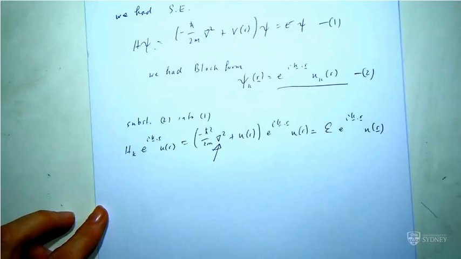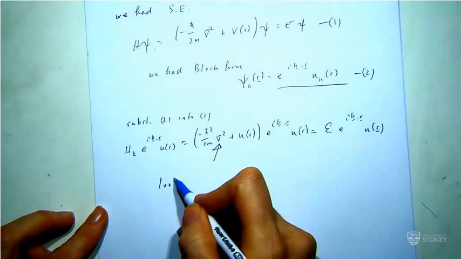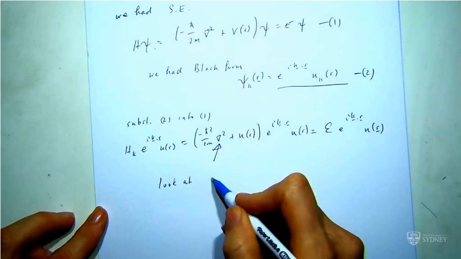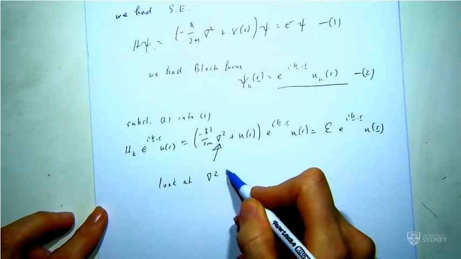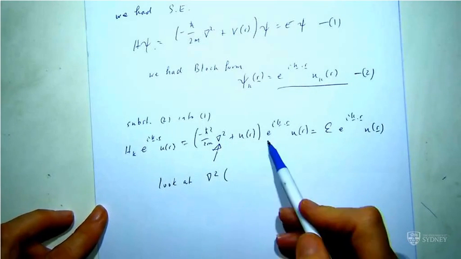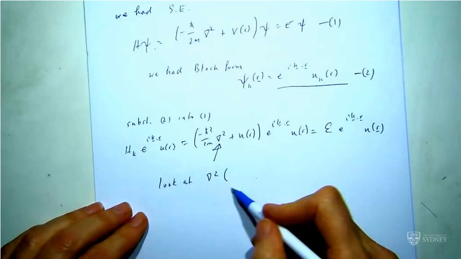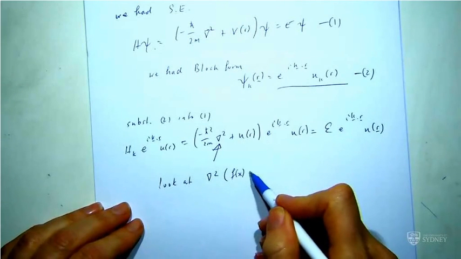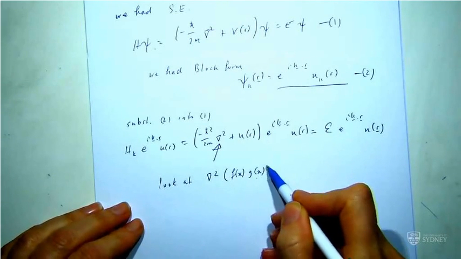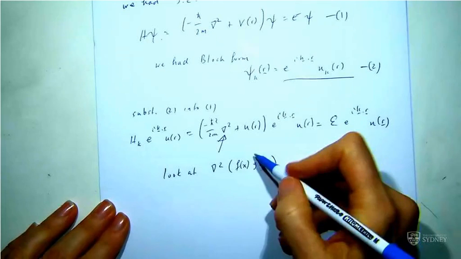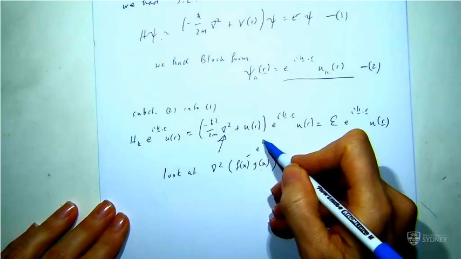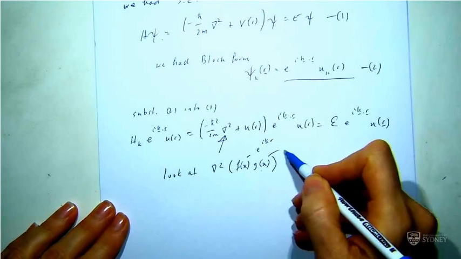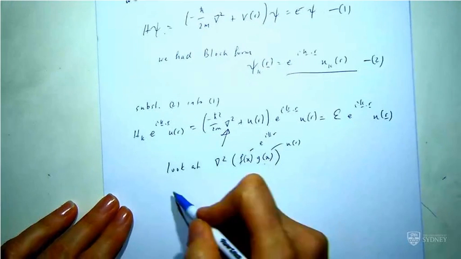So let us look at this thing. It has to operate on these two functions, so let's just call them f of x and g of x, where f of x is e to the i k dot r, and this is just u of r.